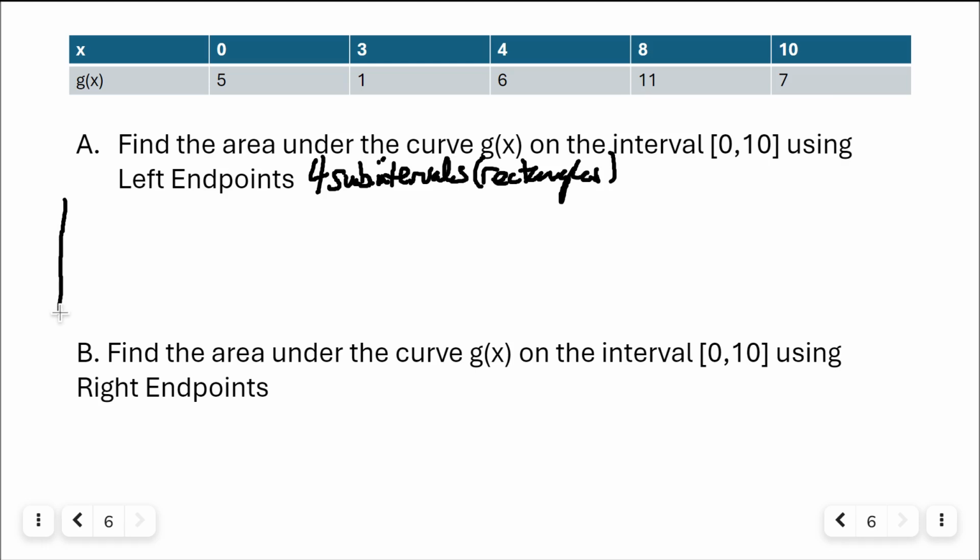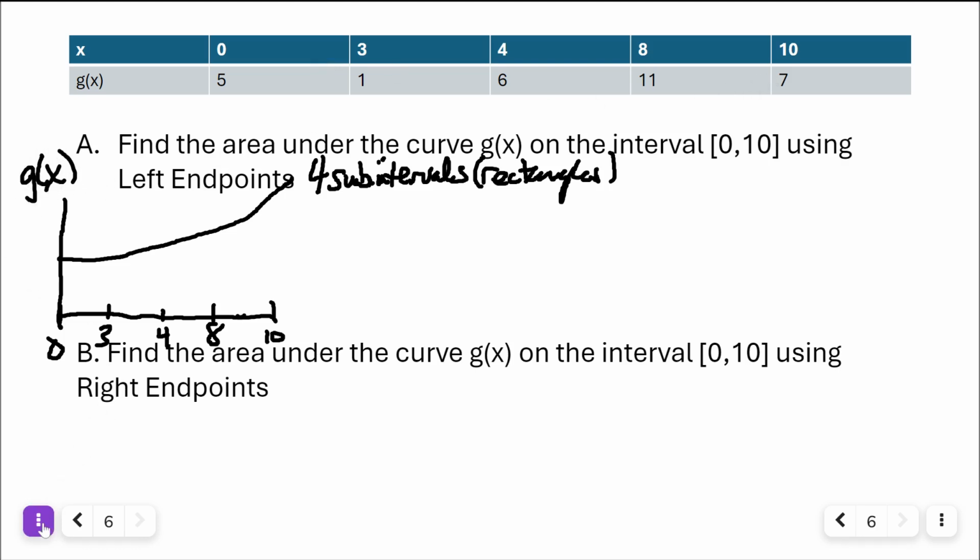All I'm going to do is label the x-axis with the 5 values: 0, 3, 4, 8, 10. I think this is the easiest way for you to do this until you get the hang of how the whole thing works. I'm going to draw a curve. I don't care what the curve looks like. It doesn't look anything like those points, and I don't really care.